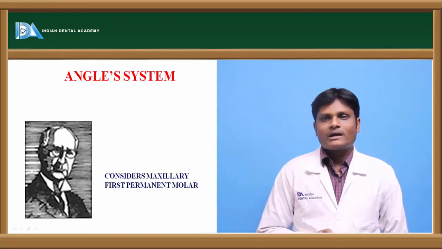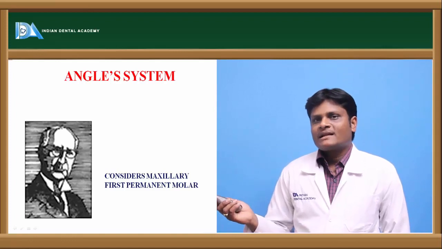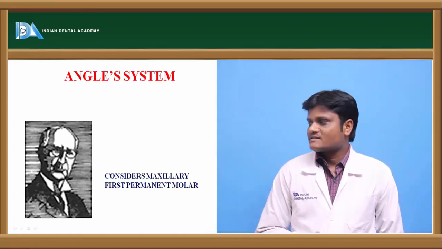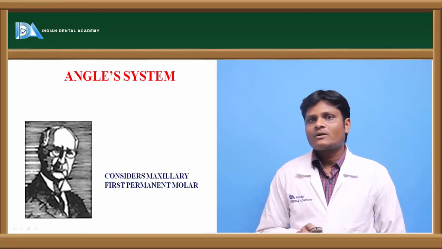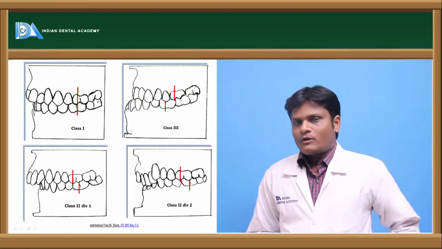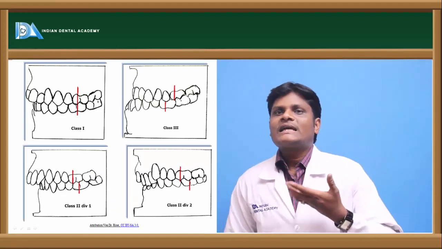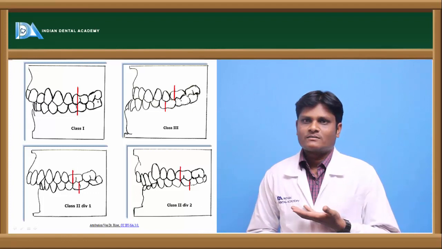According to Edward Angle, maxillary permanent first molar is considered to be the major key for occlusion. According to this classification, we have three types of malocclusions.